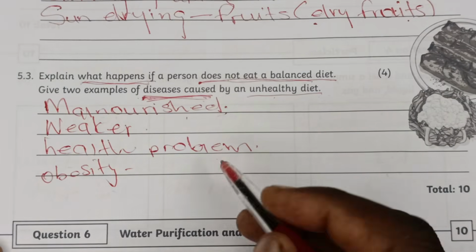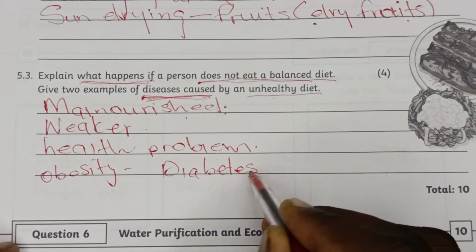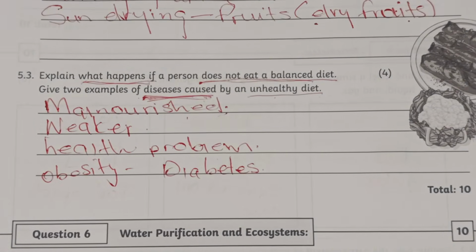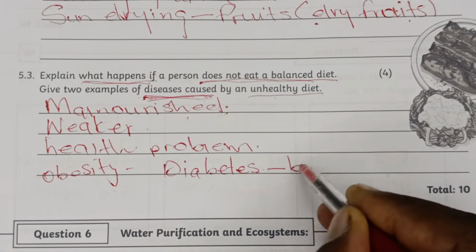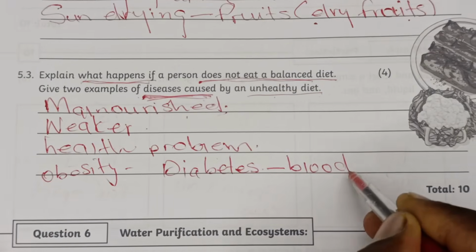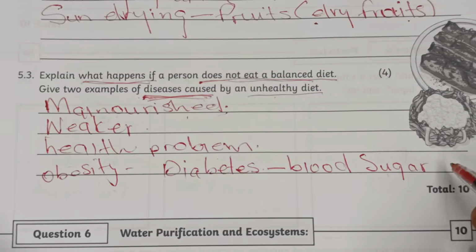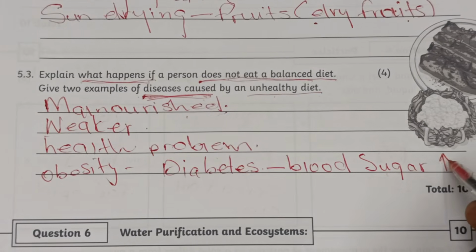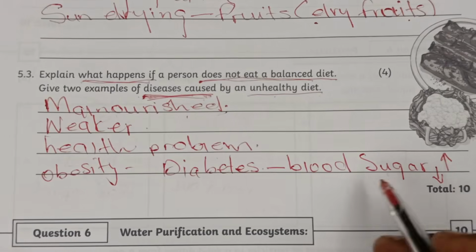Another disease can be diabetes. Diabetes is the sickness where the blood sugar is either high or low in your blood.